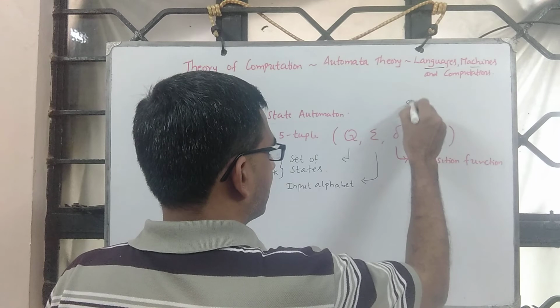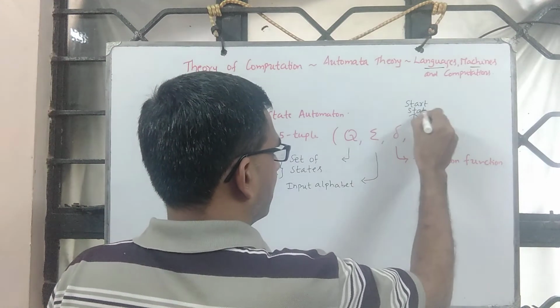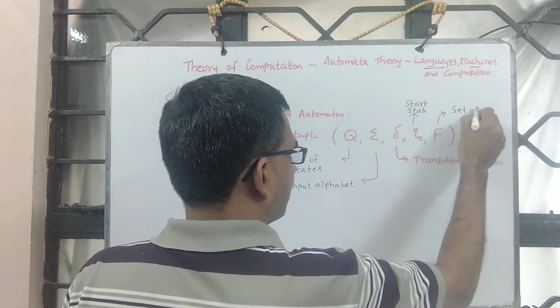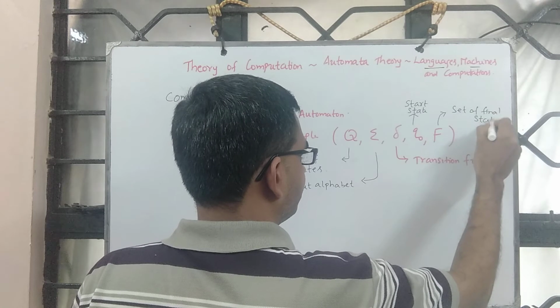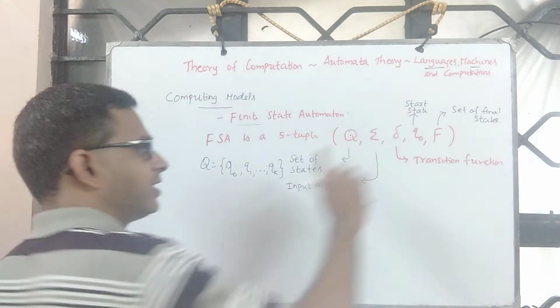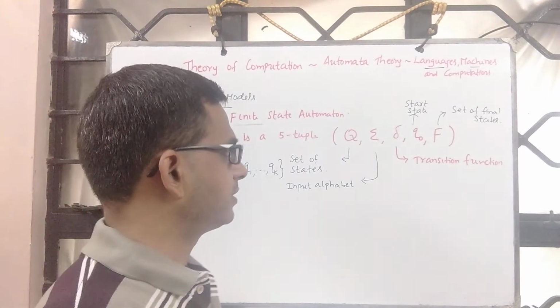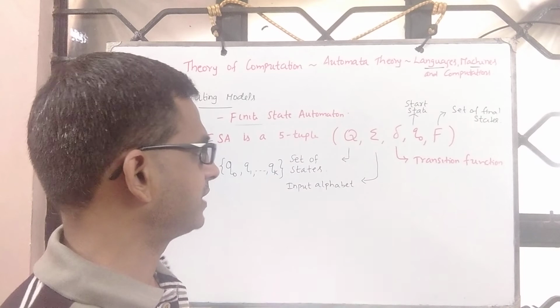Q0 is our start state, and F is the set of final states. The start state is always 1, and final states can be more than 1, which is why we say set of final states.